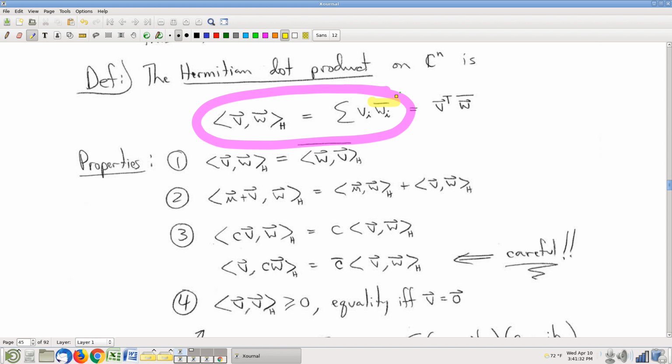Notice the notation that we're using here, this brackets notation, which remember we've already used for inner products. I don't want to use a dot, so I'm going to use the book's notation and go with this brackets notation. But do notice that subscript of H, indicating that this is a Hermitian dot product.